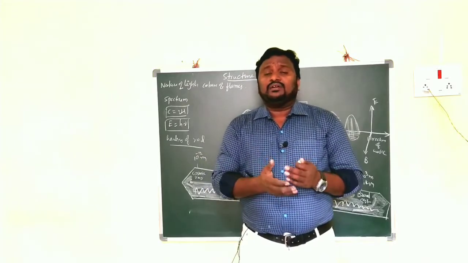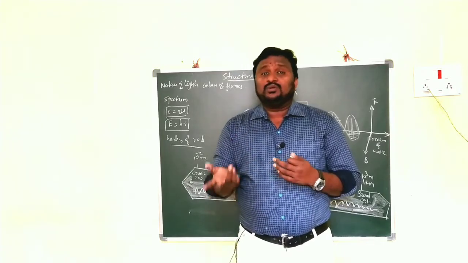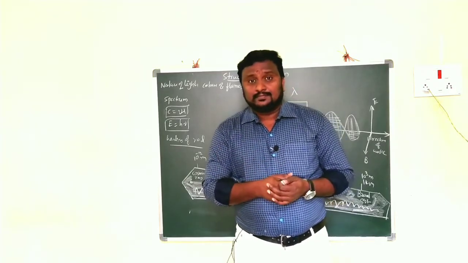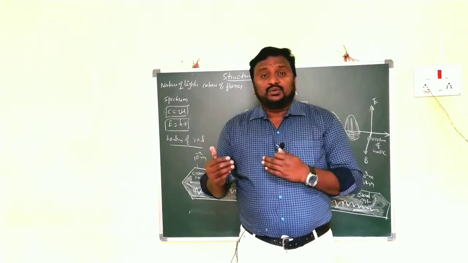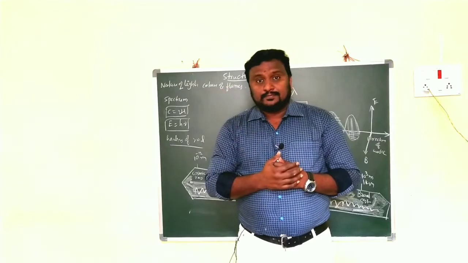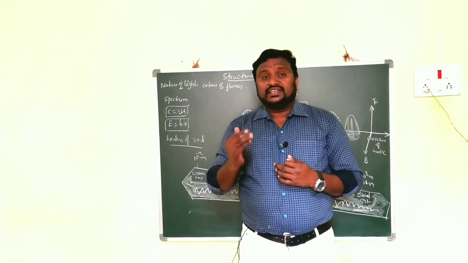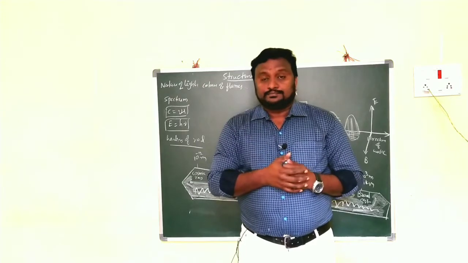Sound waves consist of two types: longitudinal waves and transverse waves. Already we discussed. So children, when the sound waves move from one place to another, a medium is necessary. But in the case of light waves, there is no need of any medium.